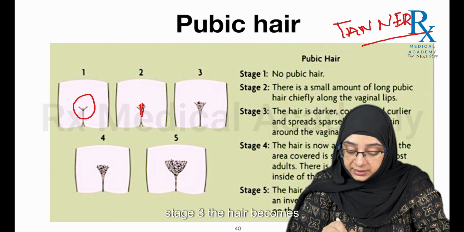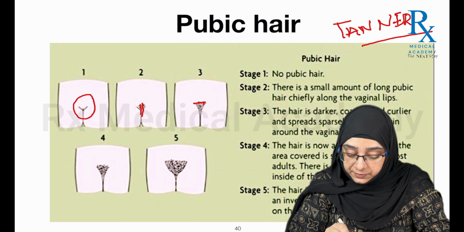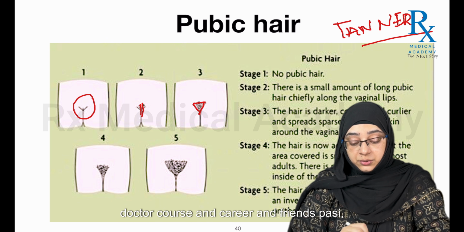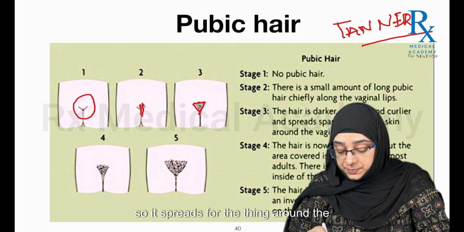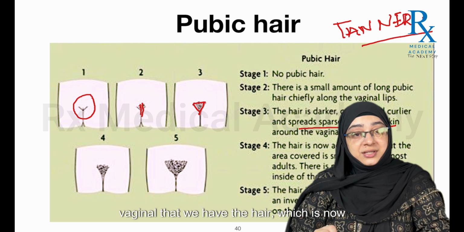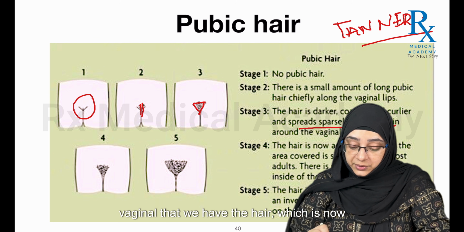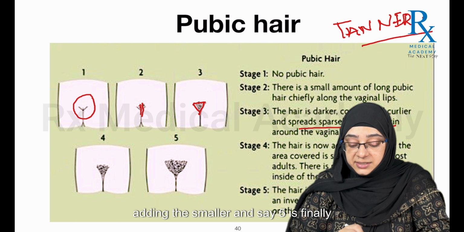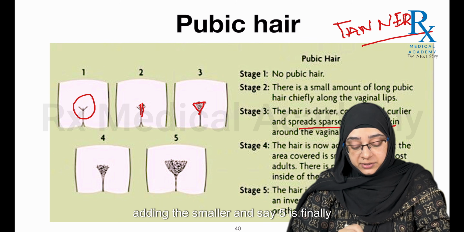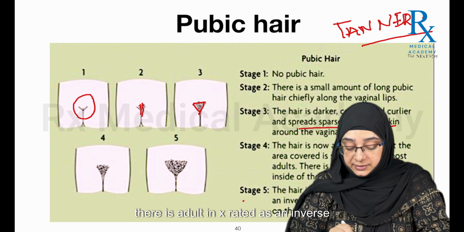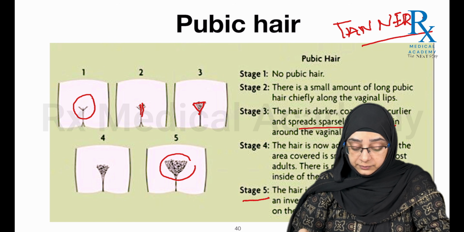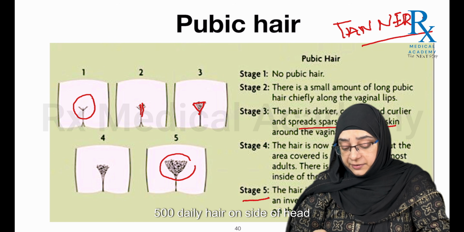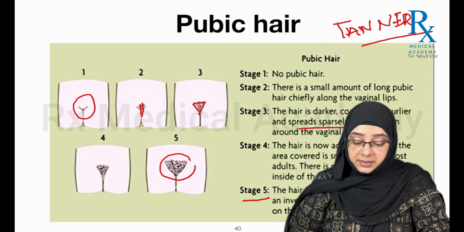Then in stage 3, the hair becomes darker, coarser and curlier and spreads sparsely over the skin around the vaginal lips. In stage 4, the hair is now adult in type, but the area covered is smaller, and stage 5 is finally the hair is adult in type, distributed as an inverse triangle. Also, there may be hair on the inside of thighs.